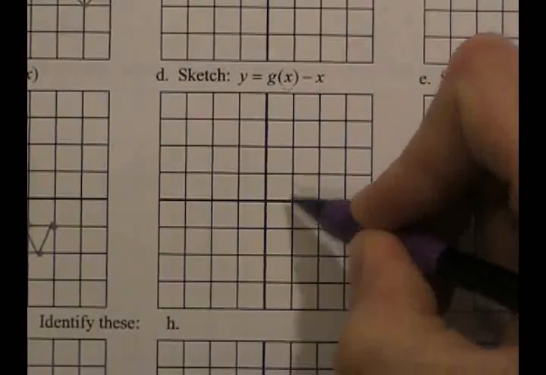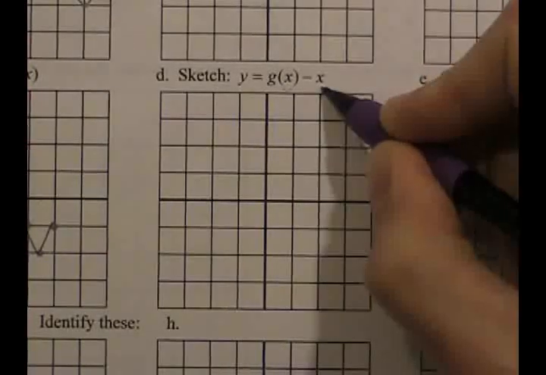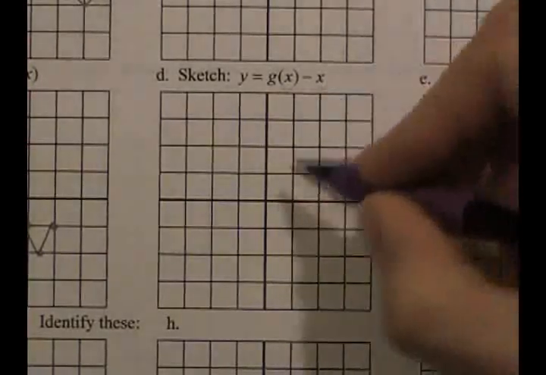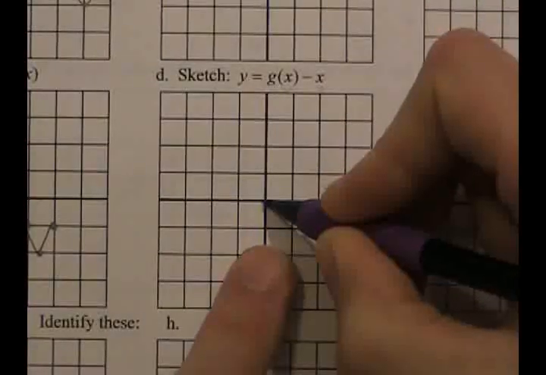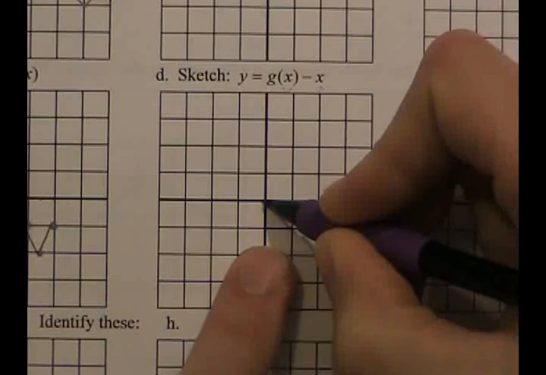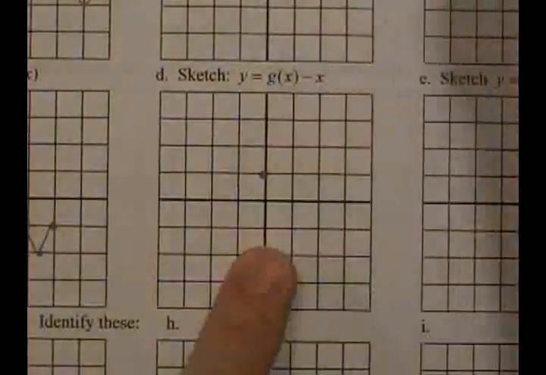When I plug in 1, it's going to be g of 1 minus 1. When I plug in 2, it'll be g of 2 minus 2, and so on. So if I start out with 0, g of 0 is 1, and 1 minus 0 is 1. So I'll start off with 1 here.